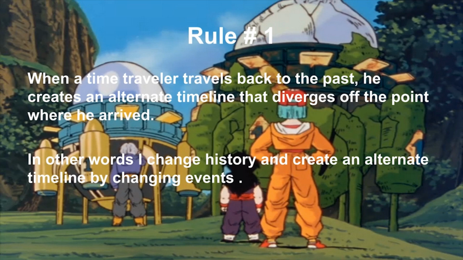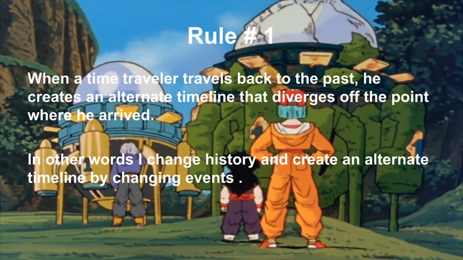So for example, without even using Dragon Ball Z in the equation, if I go back to the past, I am creating a new timeline, and that is a new timeline because that lifestyle that I created is going to differ from the one that I originally came from, and the outcomes are going to be very different in terms of how the people live their lives. So that's rule number 1, and I'm sure many of you guys have learned this before from other types of timeline genres and such. So that's rule number 1.